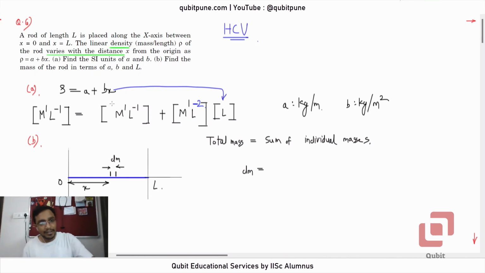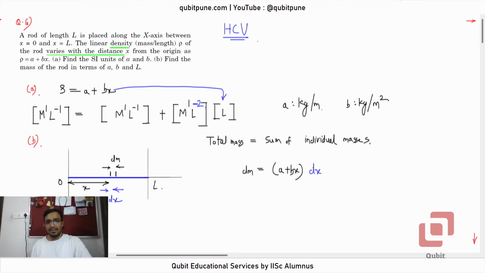Yes. Its mass will be given by the density rho into length. Now please note, here we should not take length as x. We should take the length of this small segment. Let's choose that length as dx. Have you followed this? You have. Okay.